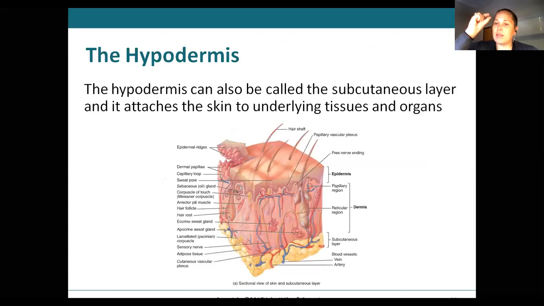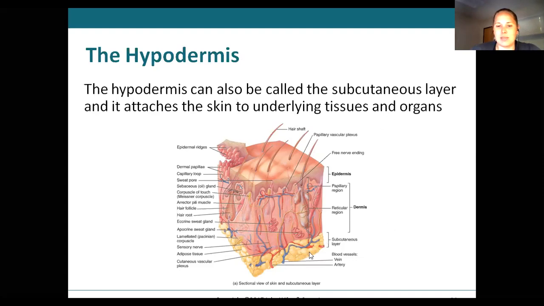So we've talked about the epidermis, the dermis, and then deep to that is the hypodermis. It's also called the subcutaneous layer. For those of you who are interested in the medical field, maybe you've been told or have had to administer a shot or something, what they call sub-Q. This would be the layer into which you're injecting a shot, the subcutaneous layer, and it attaches the skin to the underlying tissues and organs.